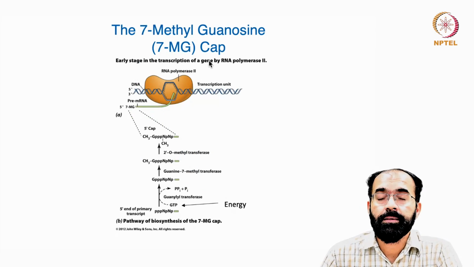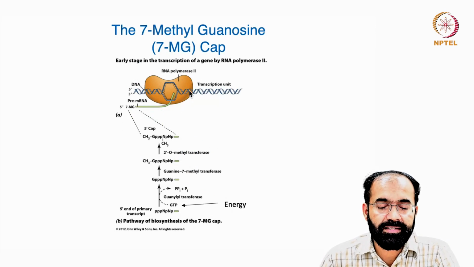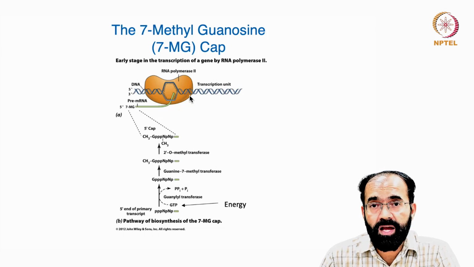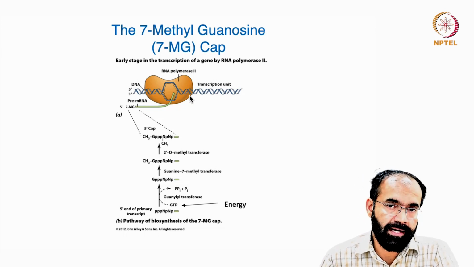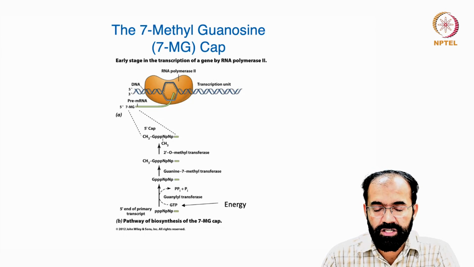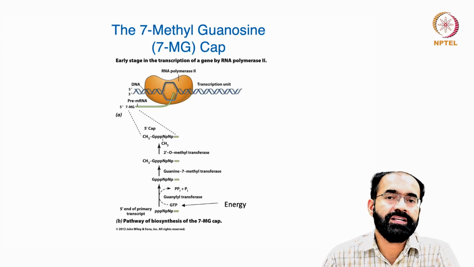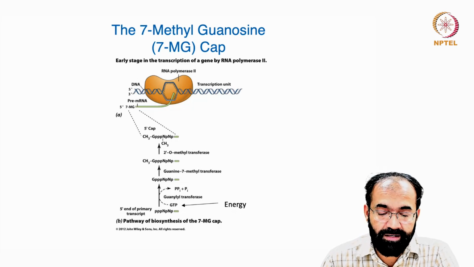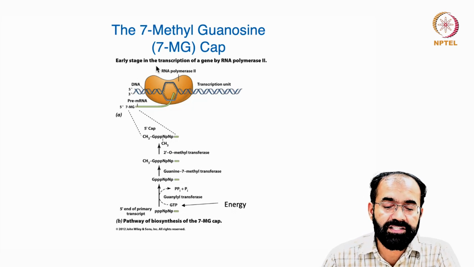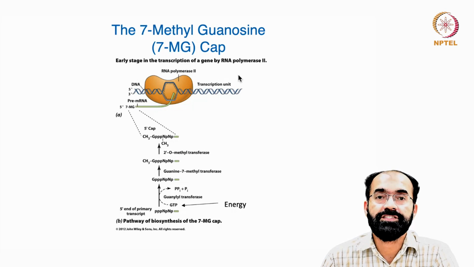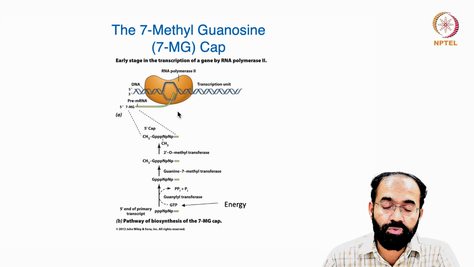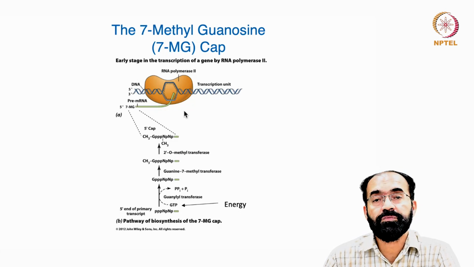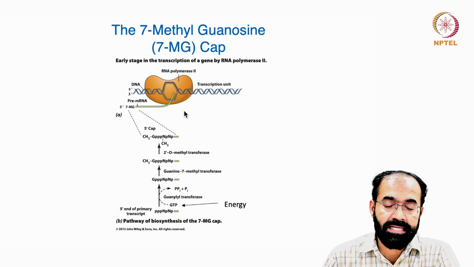And the important thing we need to know is that soon after the production of the RNA has begun, and the RNA polymerase is released from the complex, it needs to have the 7-methyl cap. So early in the transcription of a gene, in this case by RNA polymerase II, it has to undergo capping, without which the newly formed RNA will be degraded.